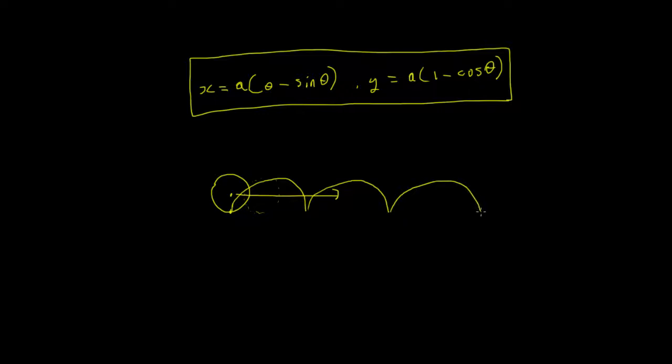Now that is a cycloid, and it gives us the curve which would minimize the time of descent of a ball here.